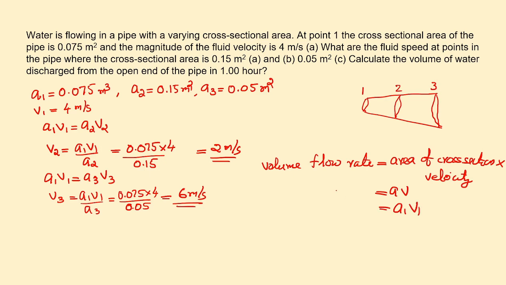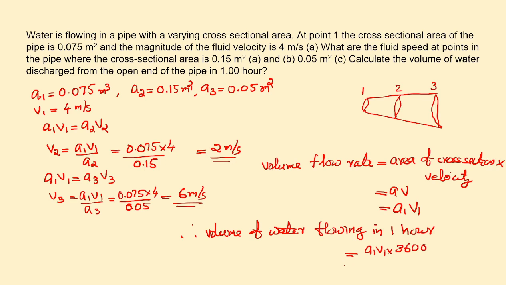So the volume flow rate is equal to A1 V1, and that is the volume flowing out in 1 second. So therefore, the volume of water flowing in 1 hour is equal to A1 into V1 into, how many seconds are there in 1 hour? That is 3600.